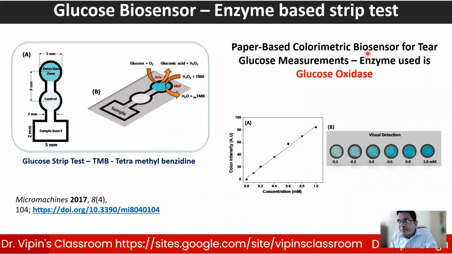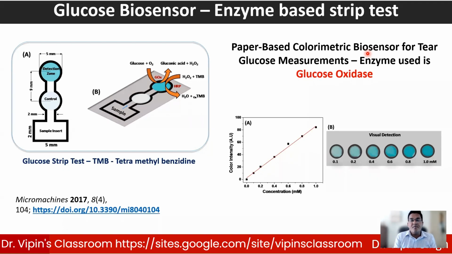So one of the major problems is that these body secretions that you have, like tear, sweat, or for that matter, mucus, may not have exactly the same composition of metabolites as present in blood. So there is not a direct correlation between the level of glucose you measure in tear versus the level of glucose in blood. So that is one of the major limitations of these tests, right?